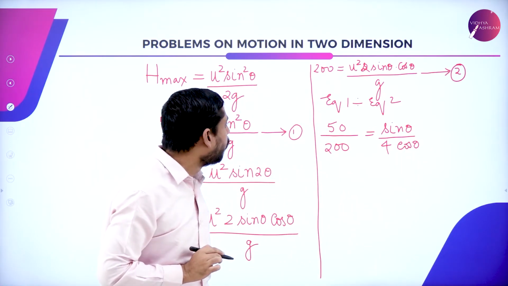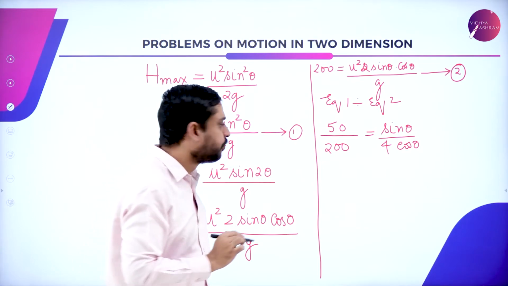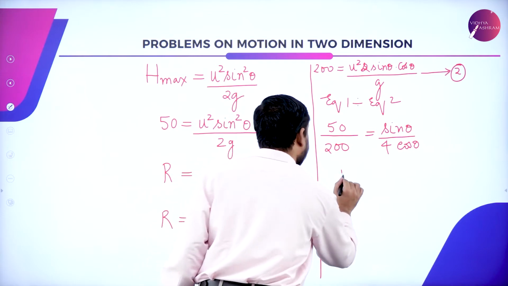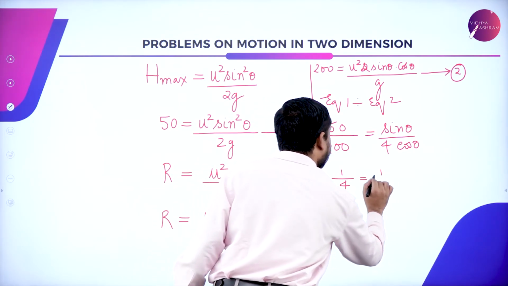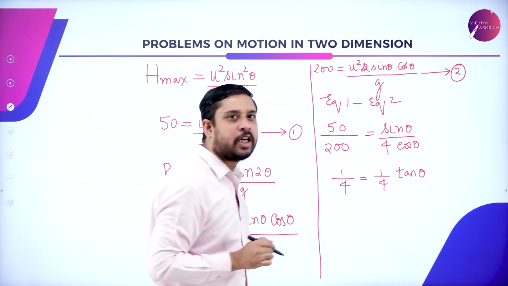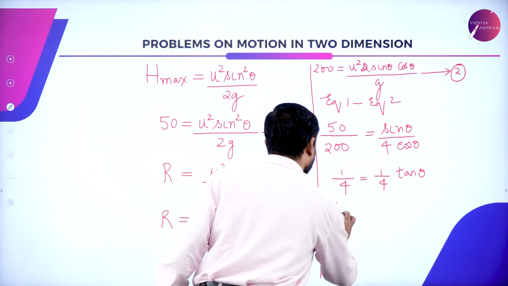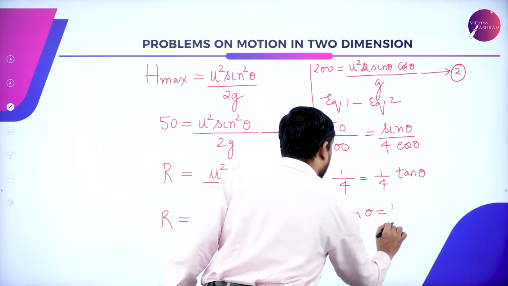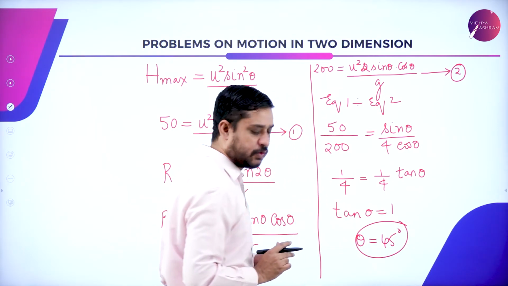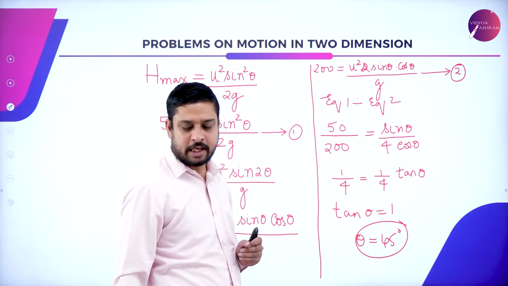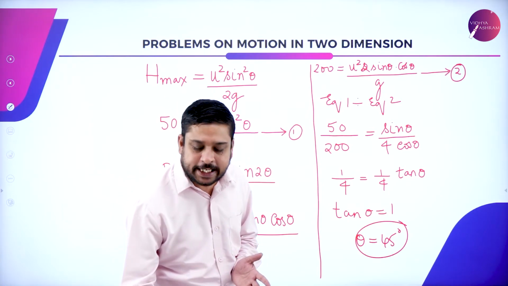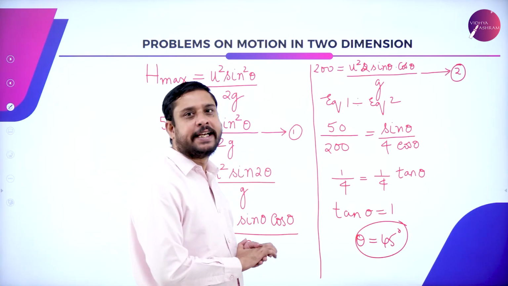This turns out to be 1 by 4 equals 1 by 4 tan theta, sine by cos, or tan theta is 1, which means theta is 45 degrees. So we get the value of theta, angle of projection, as 45 degrees.